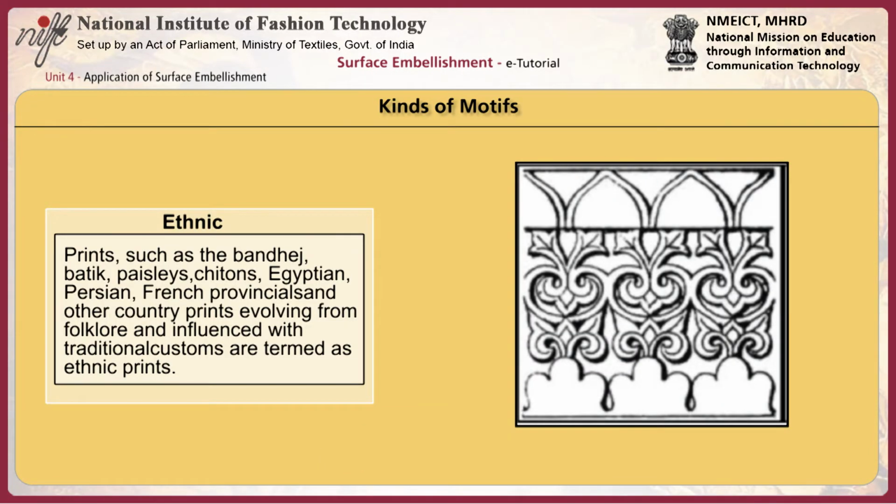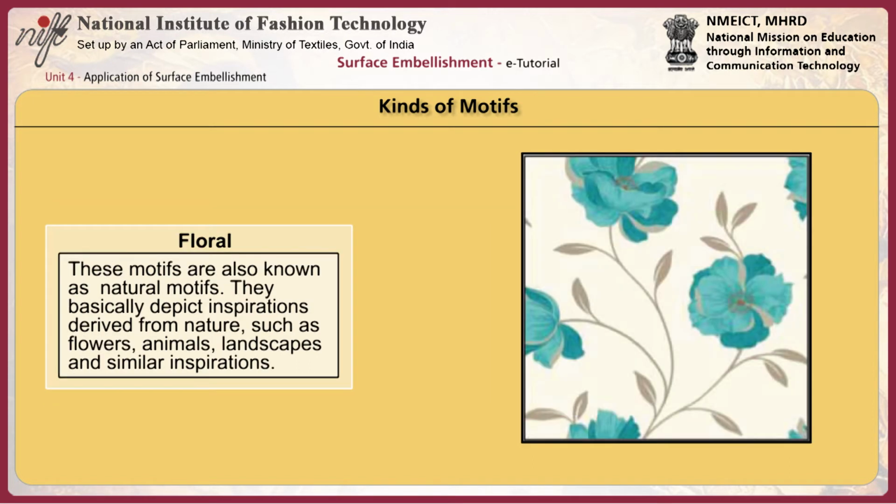Prints such as the bandhani, batik, paisley, chintz, Egyptian, Persian, French provincial and other country prints evolving from folklore and influences with traditional costumes are termed as ethnic prints. These motifs are also known as natural motifs.